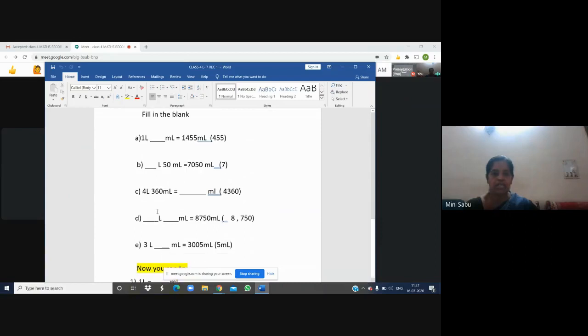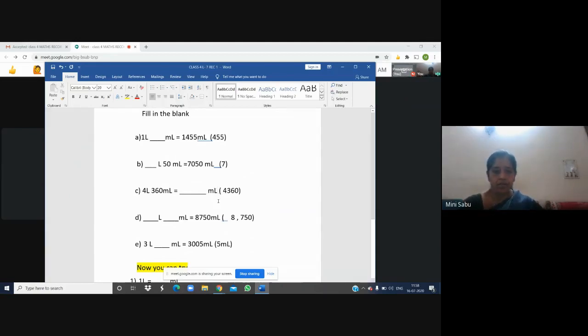Okay. Now coming to question C. 4 liter 360 ml is equal to. Okay, we have to find out how many ml it is. 4 liter is 4000 ml, and 360 ml you have to add with 4000 milliliter. 4000 plus 360 is 4360 ml.